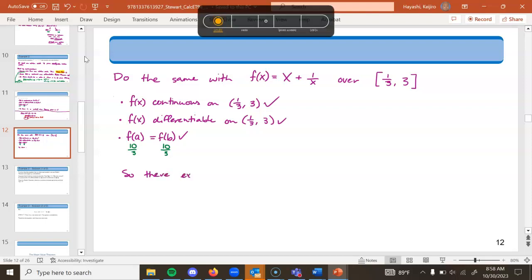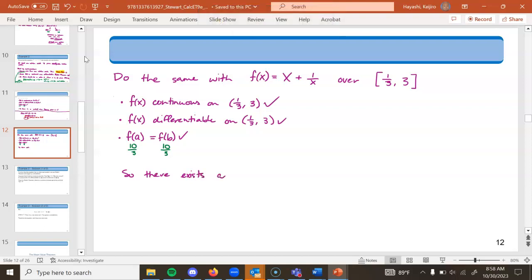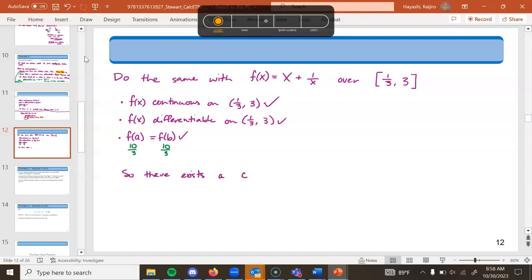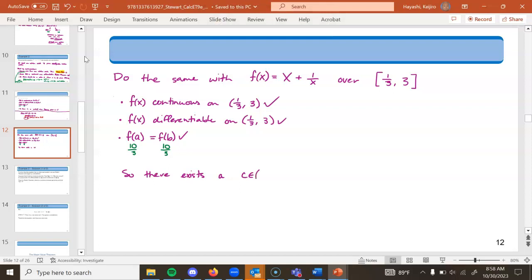So there exists a value c, somewhere in the open interval from 1/3 to 3, where f prime of c is equal to 0.